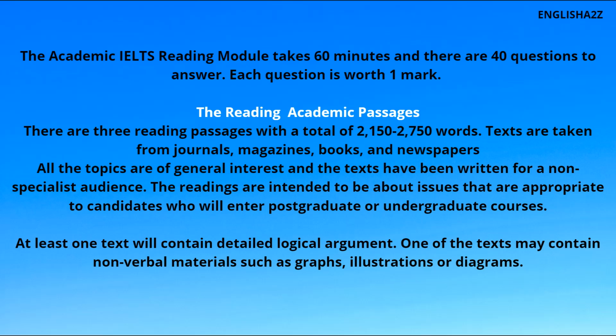That takes time. Texts are taken from journals, magazines, books and newspapers. All the topics are of general interest and the texts have been written for a non-specialist audience. A non-specialist audience is basically an audience without any specialised knowledge of that text.